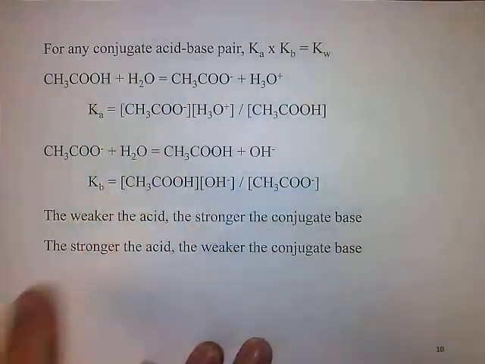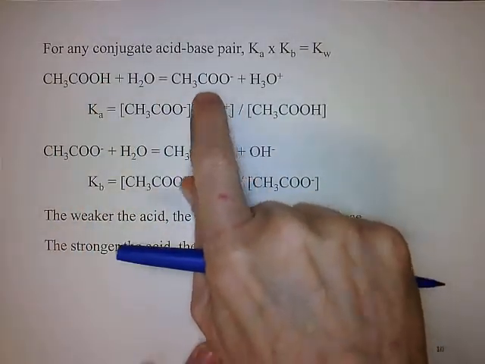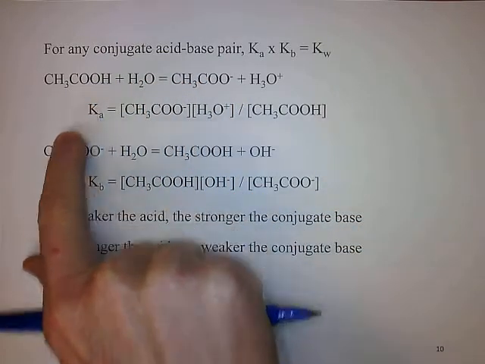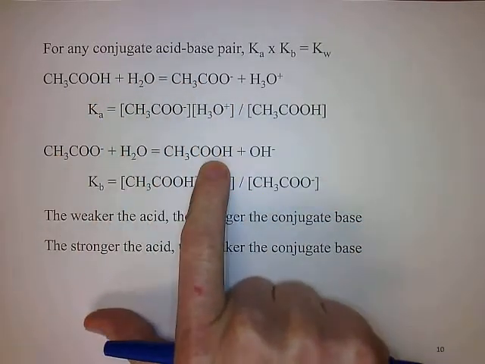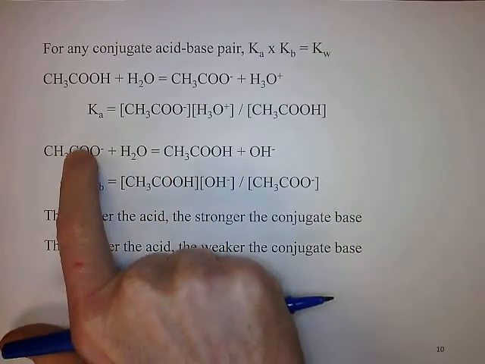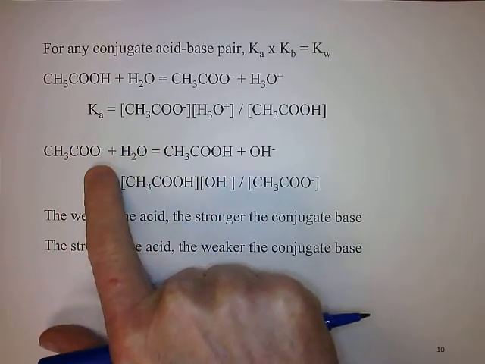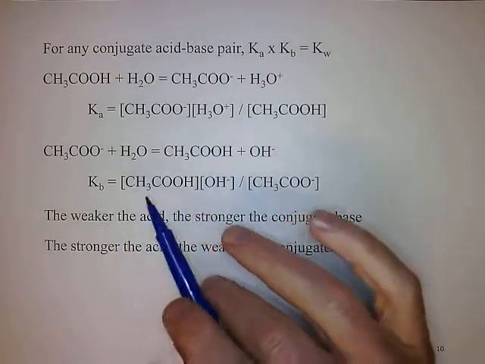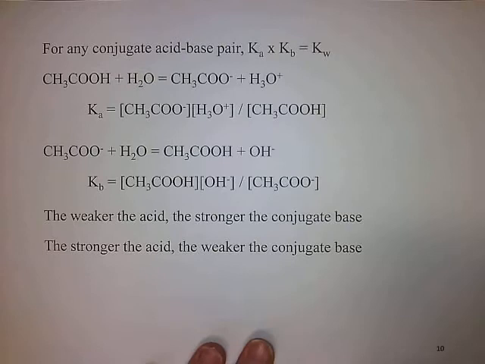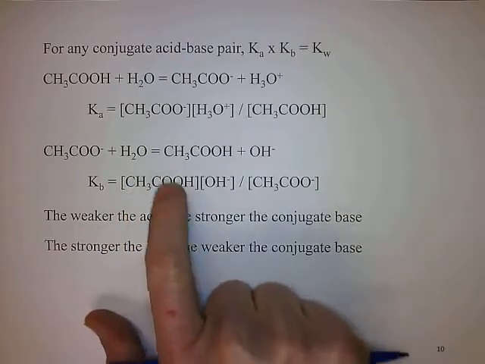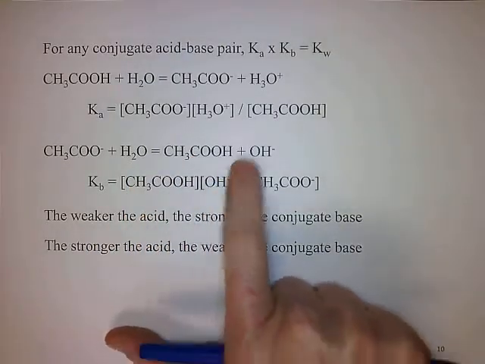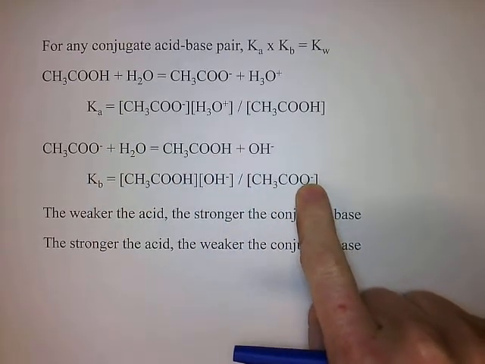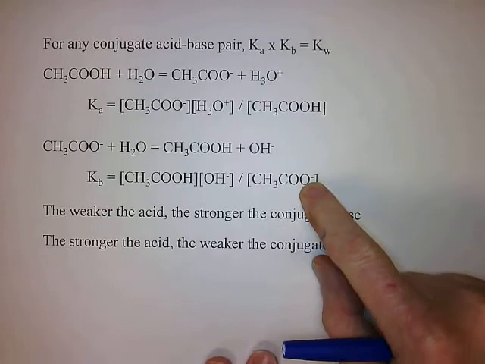Think about Le Chatelier's principle. If we add acetate, it's going to shift this way. If we're starting with just pure acetate, it reacts with water and forms acetic acid anyway. We write Kb as concentration of acetic acid times concentration of hydroxide divided by concentration of acetate.